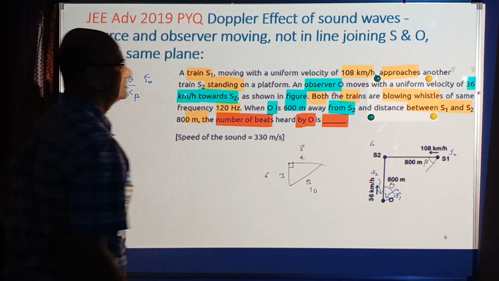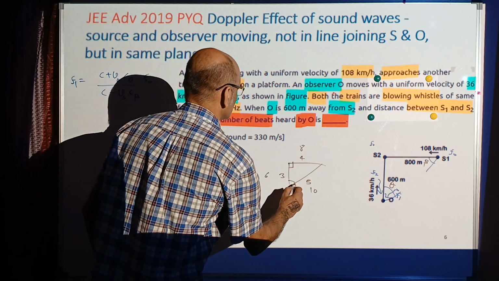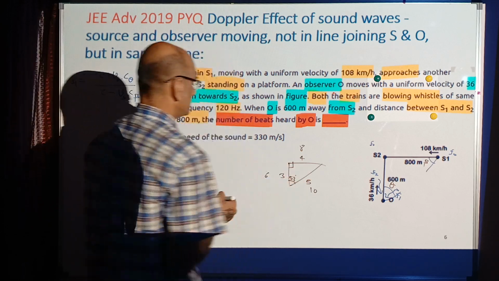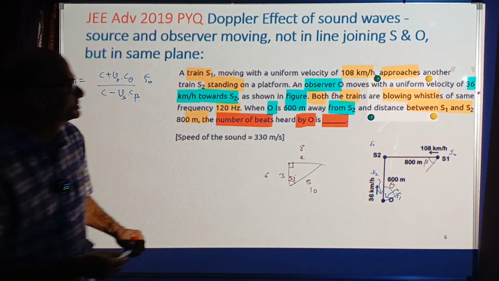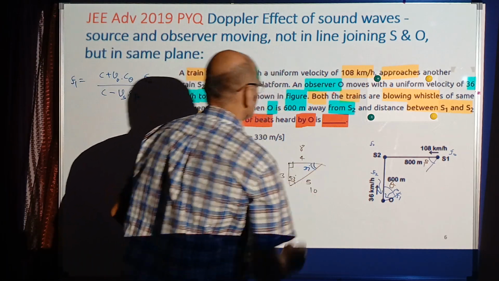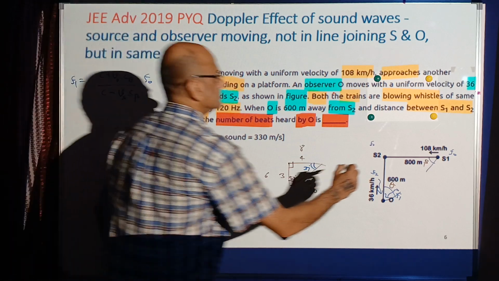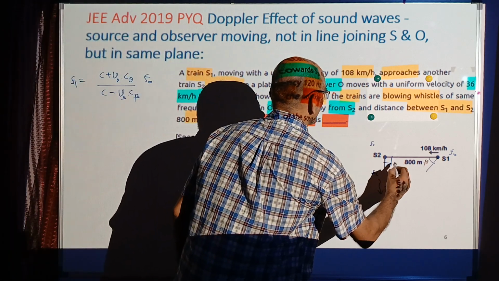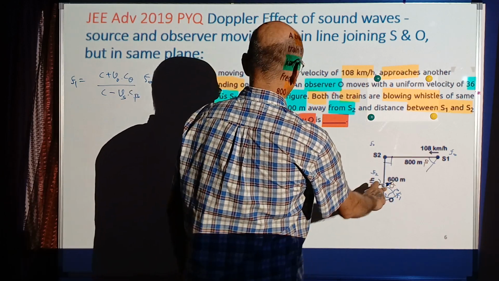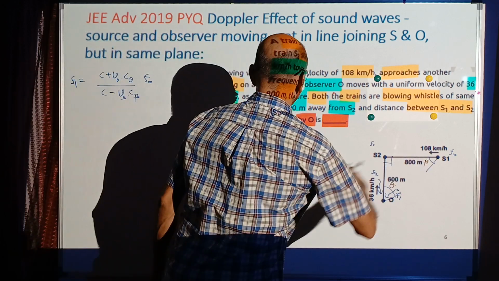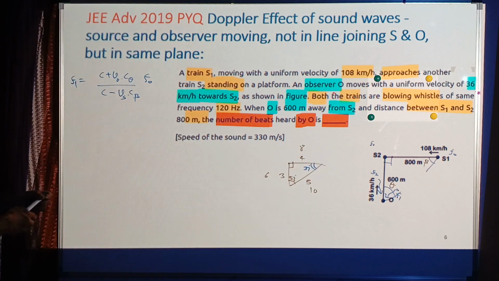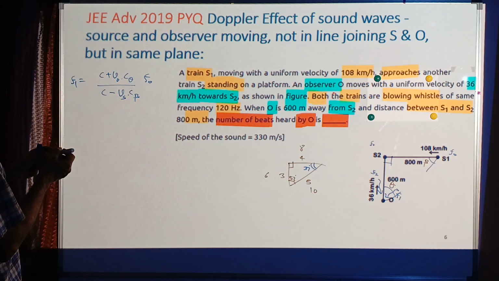So for this triangle, this is the bigger angle, 53 degrees, and this smaller angle is 37 degrees. This is 90 degrees, and this is the bigger angle because of 800 by this one. So theta is 53 and beta is 37 degrees. So use this standard triangle result to get the angles there.